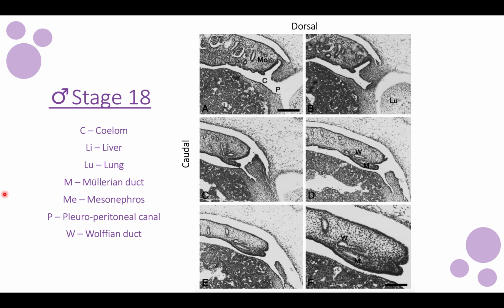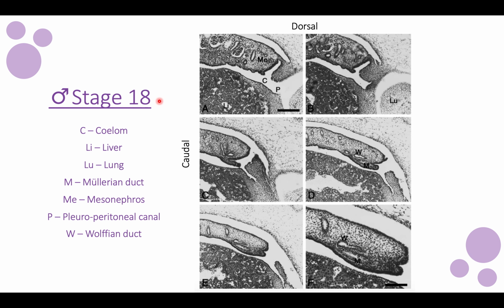You can see that as we progress from A to B, the pleuroperitoneal canal is closing and becoming completely separate from that coelom. From C to E, we can see both the Mullerian and the Wolffian ducts forming.